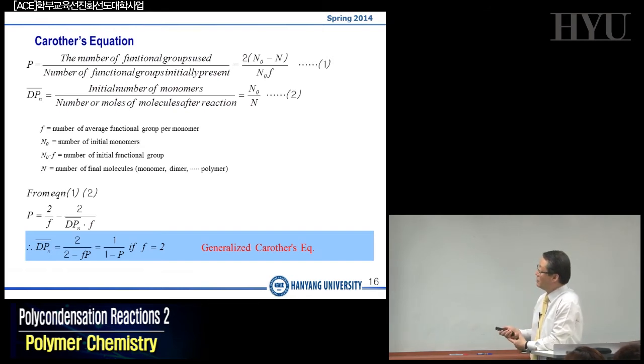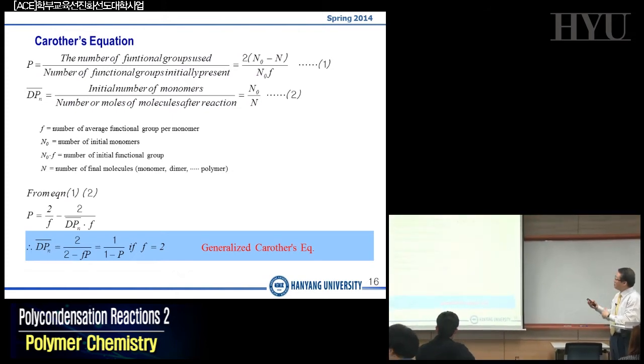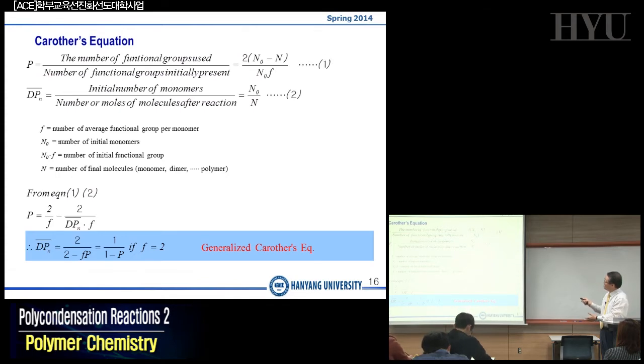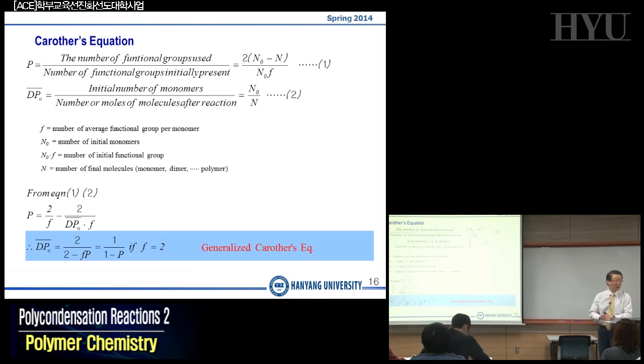And DPn is defined as N0 divided by N. If we manipulate this equation, the extent of reaction P is defined as 2 divided by F minus 2 divided by DPn F. If you rearrange them, you come up with the final generalized Carothers equation, where DPn equals 2 divided by 2 minus Fp.